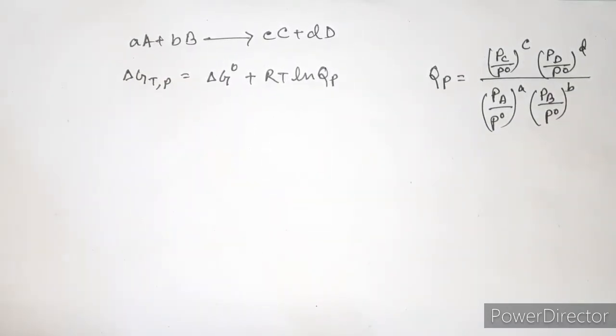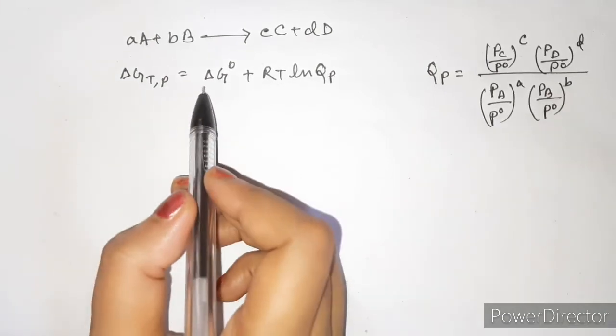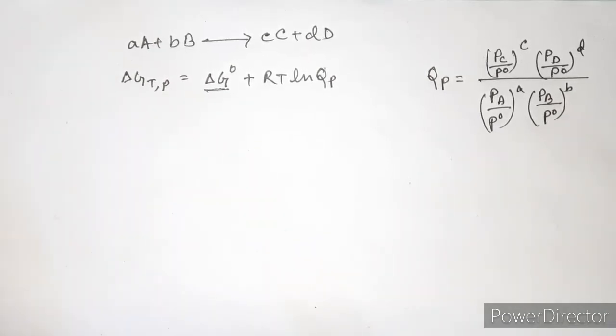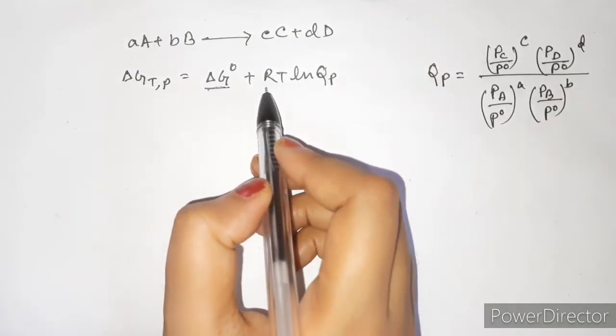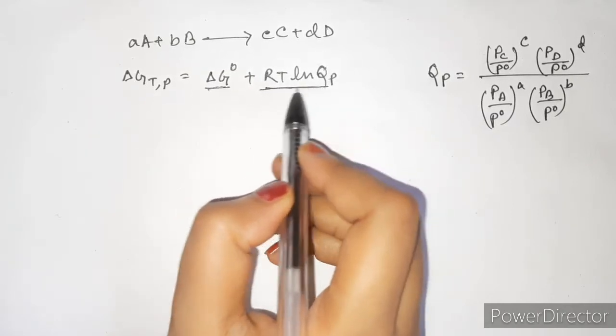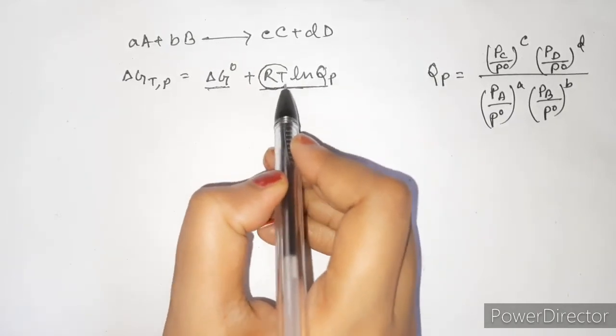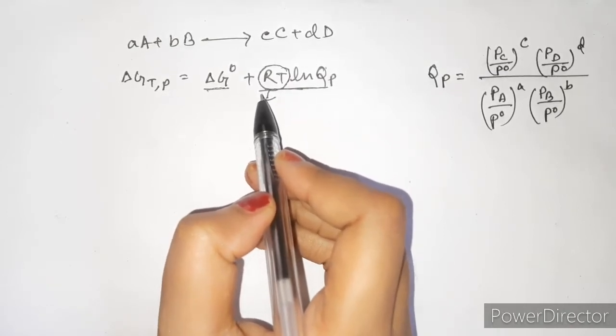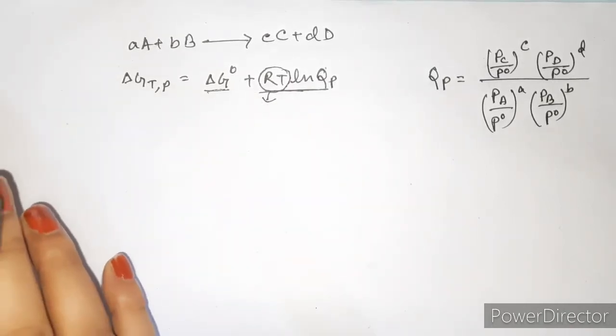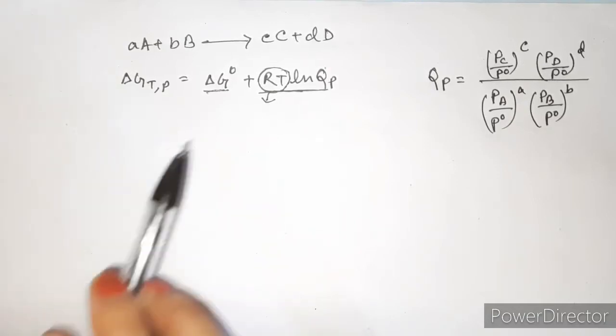Now this is the equation for del G. Now del G0 is a constant value at a particular temperature. RT is also constant, R is constant, and it is an isothermal situation, that means T is also constant.